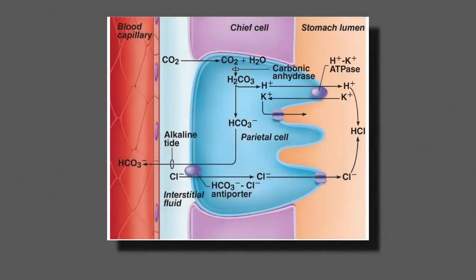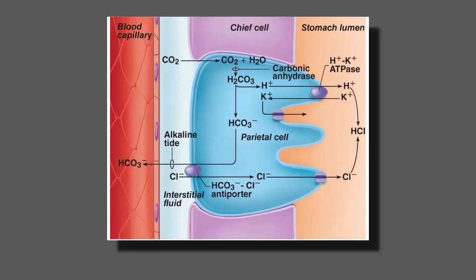The hydrogen ions are produced by the breakdown of carbonic acid, which yields a proton and a bicarbonate ion. The bicarbonate ion is going to exit the cell at the basolateral membrane, and we see another antiporter pumping out the bicarbonate ions in exchange for chloride. And the chloride then leaves the apical membrane and goes into the lumen, and this forms hydrochloric acid.